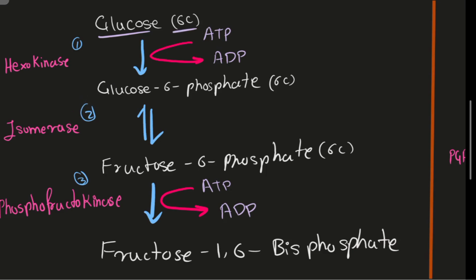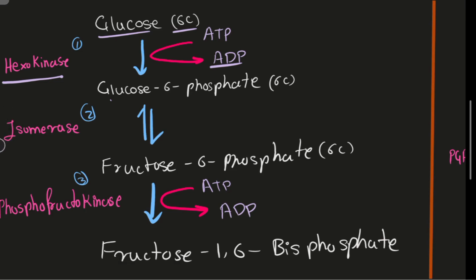At first, glucose is converted into glucose 6-phosphate by addition of one inorganic phosphate from ATP, which is converted into ADP. Here hexokinase enzyme is used.